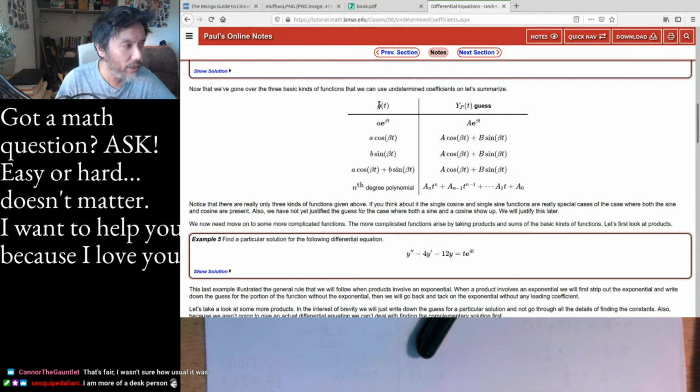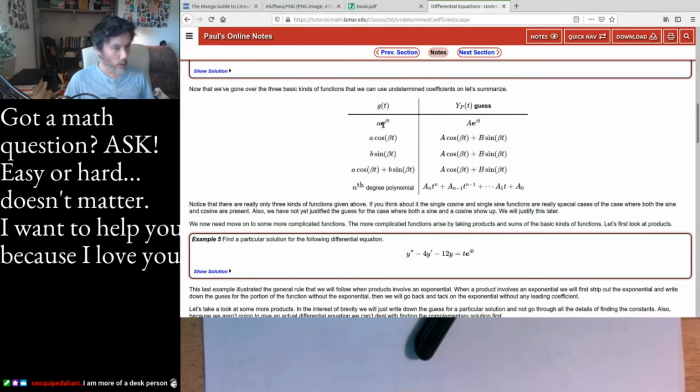Look, they're even using our same letters, G of t, and y sub p. Everything's the same. Anyway, what you do is you put coefficients everywhere. You make the guess based upon the form of g of t.